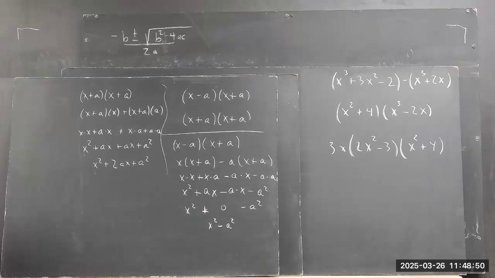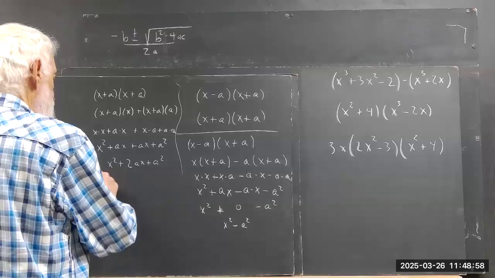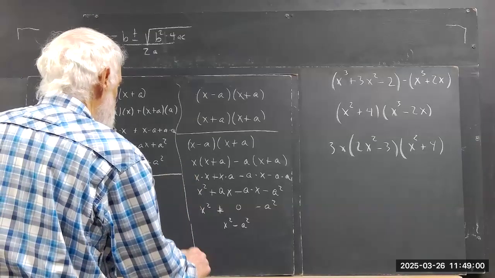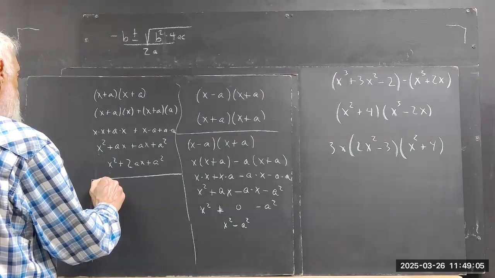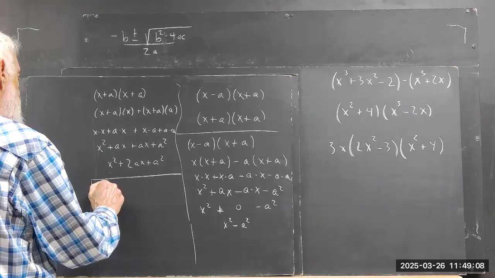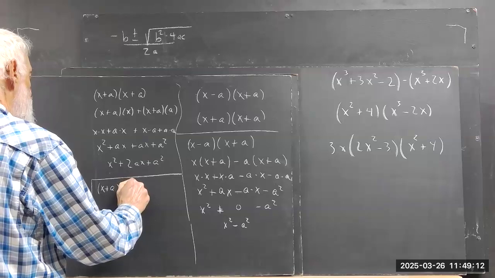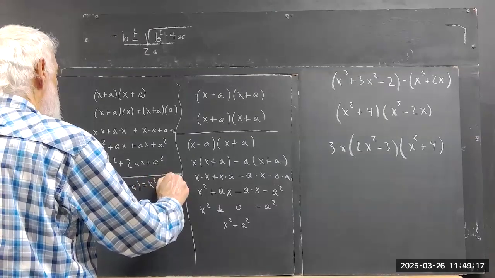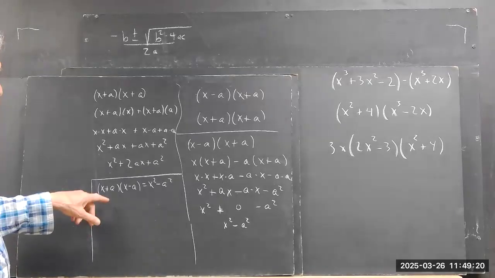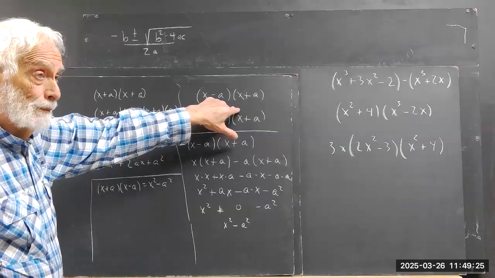So now we have two what we call special products. We can write these results. Now I wrote x plus a times x minus a, but it doesn't matter in which order you write these.